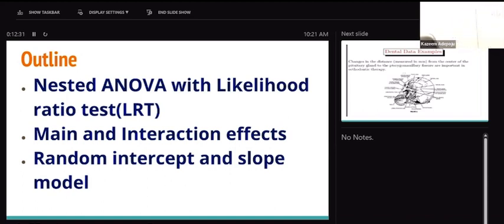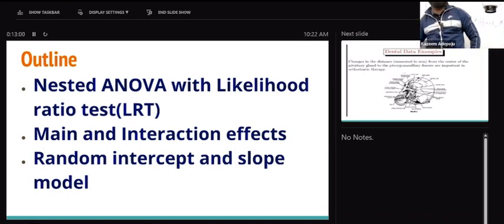Maybe here I'm talking about factor A and factor B, but here maybe I'm talking about factor A, factor B, and the interaction. So how do we know whether we should go for the model without interaction or the model with interaction? Of course, we're going to learn how to compare models.